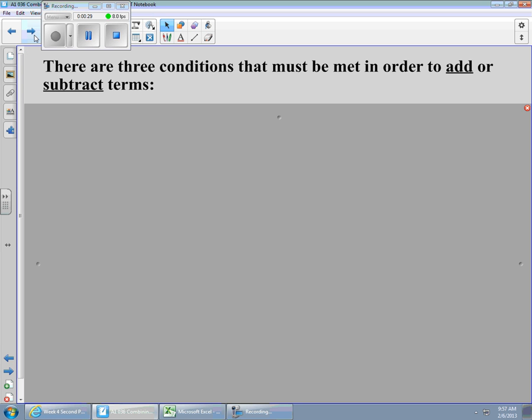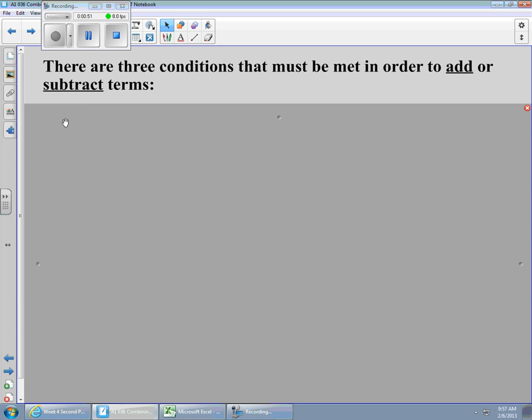Okay. Now, we've got different sets of rules, depending on what type of math a problem has you doing. So if a problem has you adding or subtracting terms that have exponents in them, there's a certain set of guidelines that we have to make sure are there, and then rules that we have to follow.